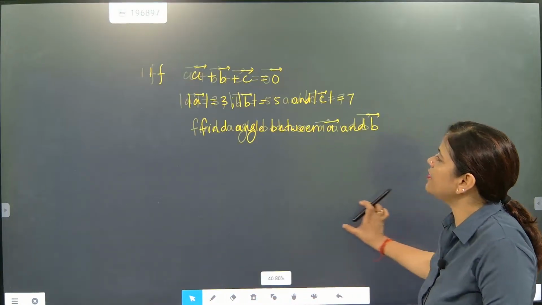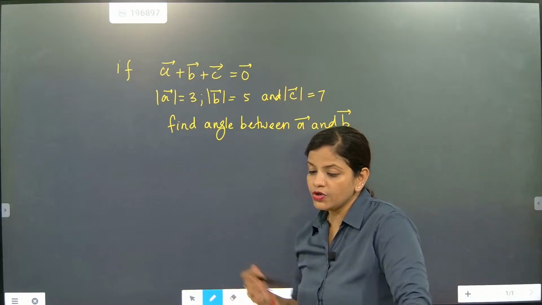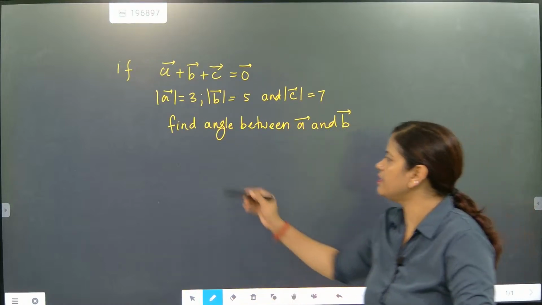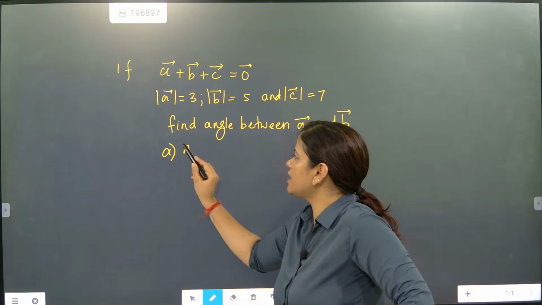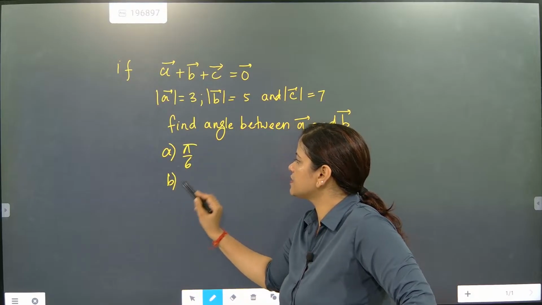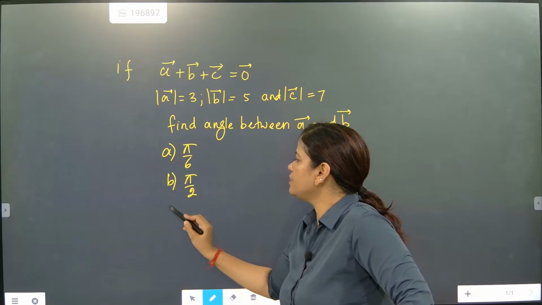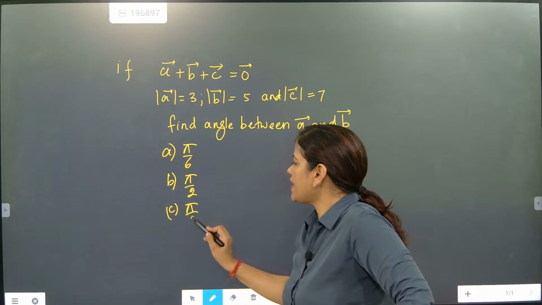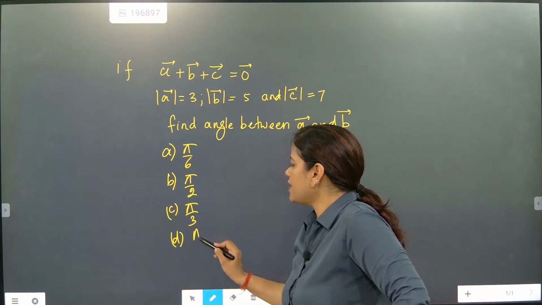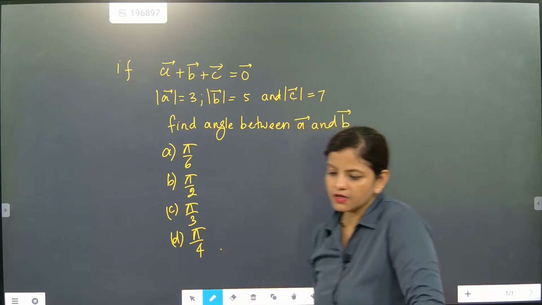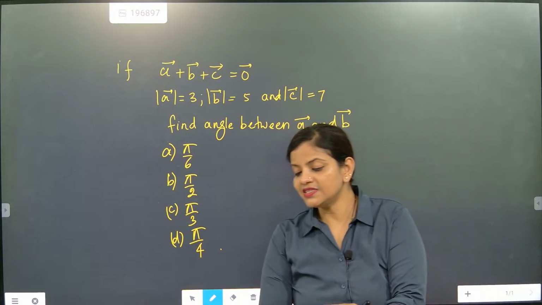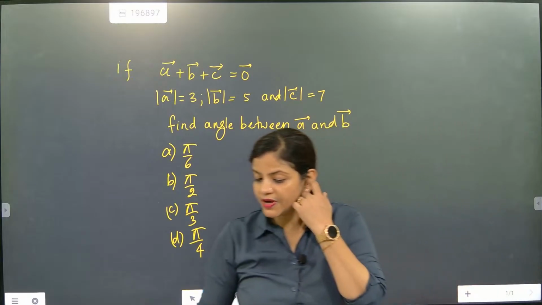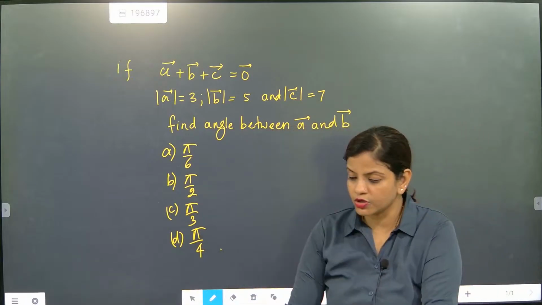How are you going to find the angle between A vector and B vector? Your options are pi by 6, pi by 2, pi by 3 and pi by 4. Done? Come on, start solving the question. So these are the options. Please kindly say in your respective group, class started.